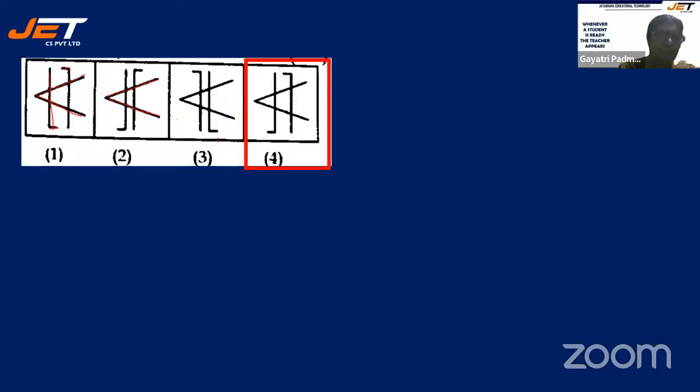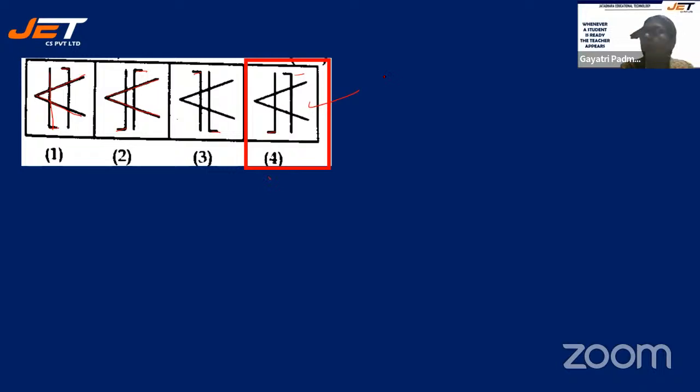In the second one, the upper line is showing upward and the second line is showing downward. In the third one, the first line is showing upward, the second line is showing downward. So in all the 3, one is showing upward, the other is showing downward. But in the 4th one alone, the first line is showing upward, so the second line must show downward, but it is also showing upward. That is why you have chosen option 4 as the odd one out.